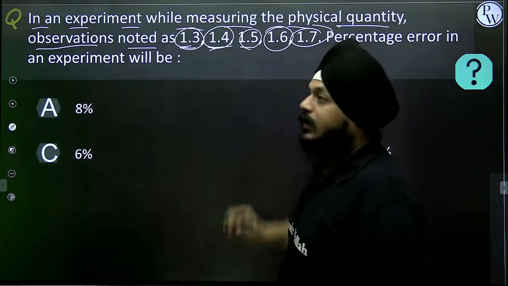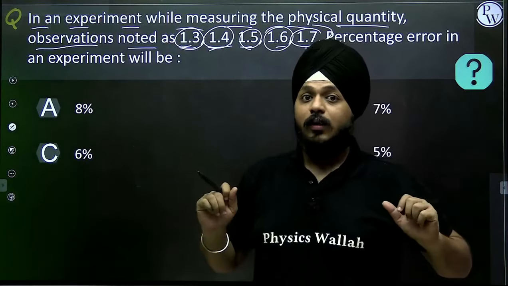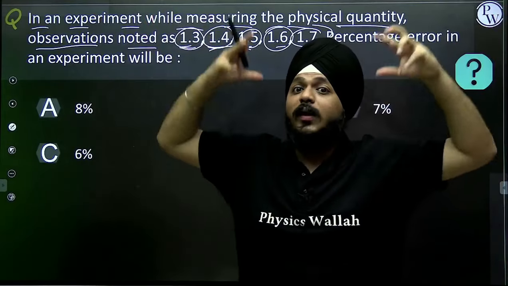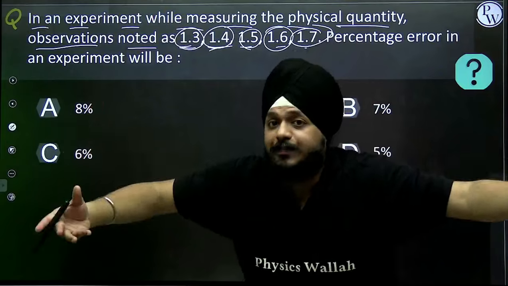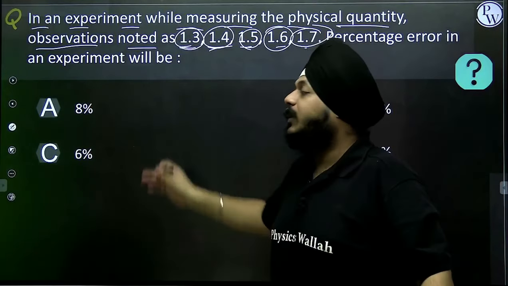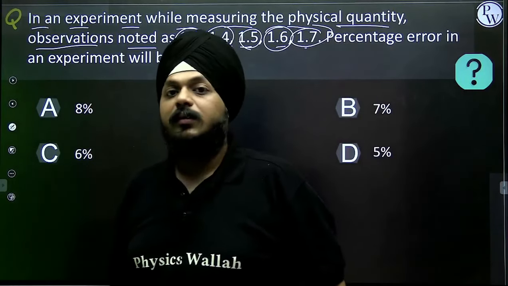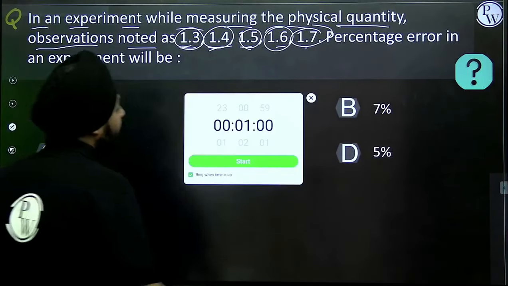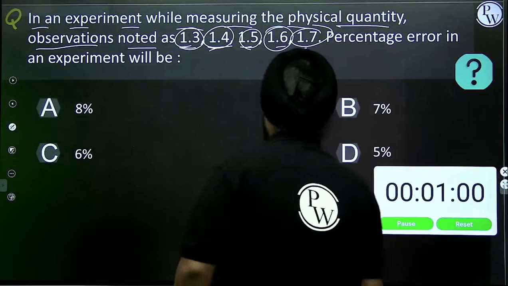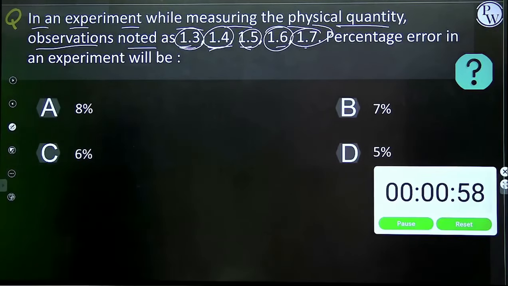I'm not aware of what the true value is, and I'm not aware of what the absolute error is, but I need to calculate the percentage error. So first of all, there is a small procedure. Let's give you all a minute to solve this, and we are going to discuss the solution here only.